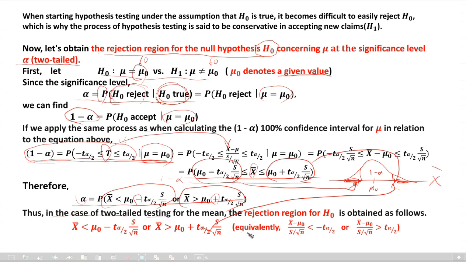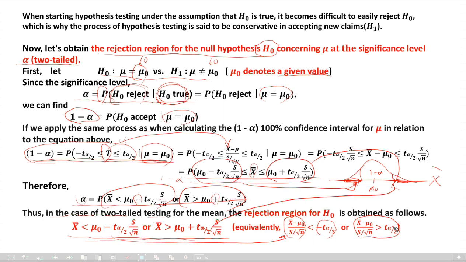Equivalently, the same equations: move mu 0 to the left-hand side and divide by s over square root of n, then we get this value from this equation. So minus t alpha over 2 here, and the same thing here. Actually it is the range of the rejection region. Rejection region for H0, same thing, same equation.